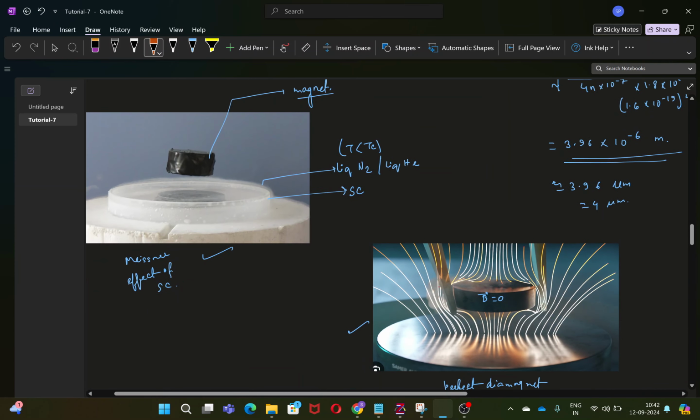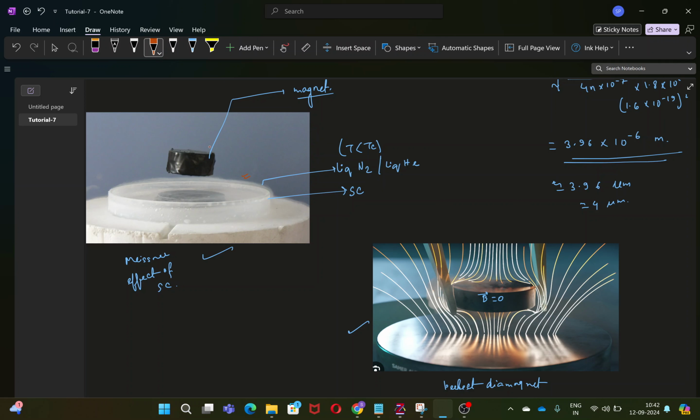This is also demonstrated in this image, where the lower bottom part is a superconductor in a liquid helium or liquid nitrogen bath, because of this vapor-like thing here. So this is in a superconducting state, but the upper part is a tiny magnet that is applying a very weak magnetic field to the superconductor.